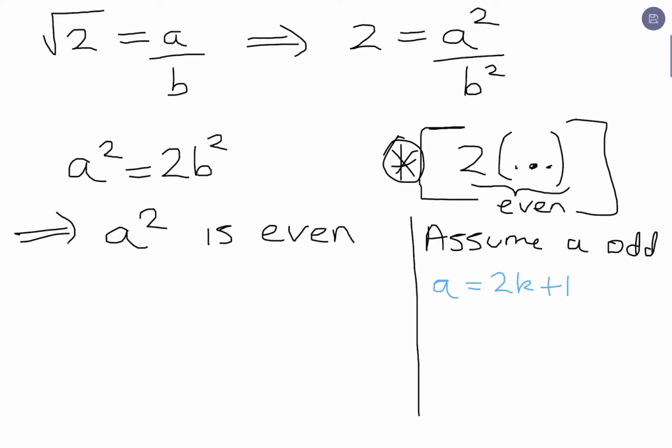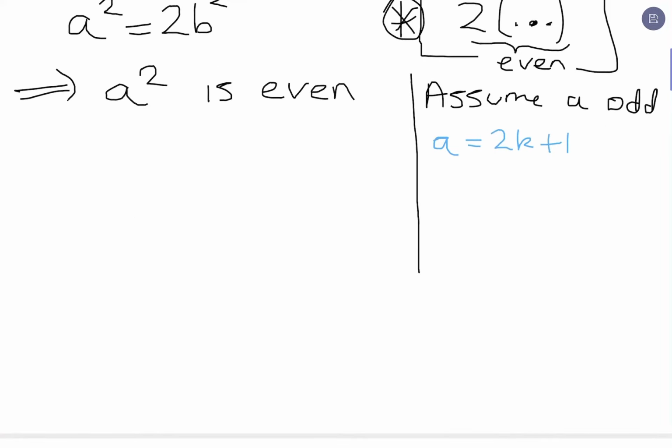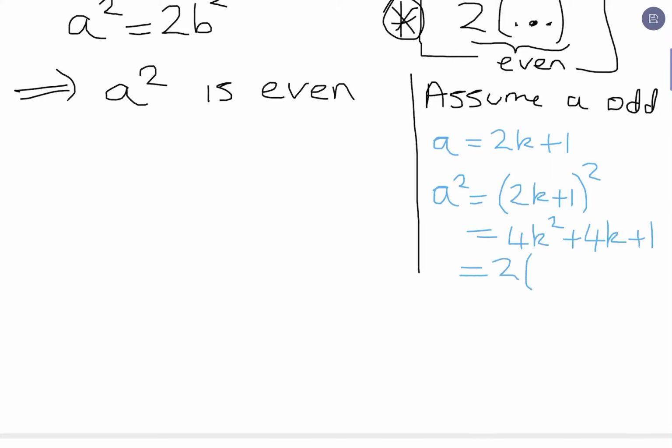That's what it means for a number to be odd. So then a squared equals (2k plus 1) squared, which, let's expand this out, equals 4k squared plus 4k plus 1. If we take a factor of 2 out of the first two terms, we get 2 times (2k squared plus 2k) plus 1.